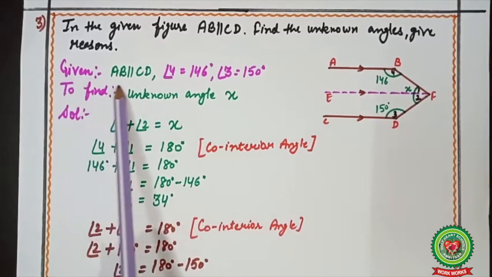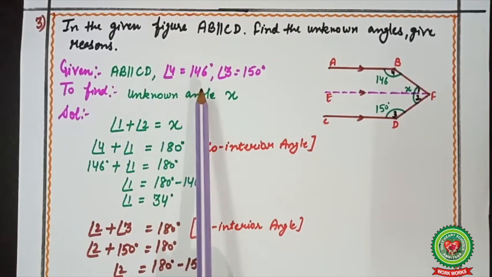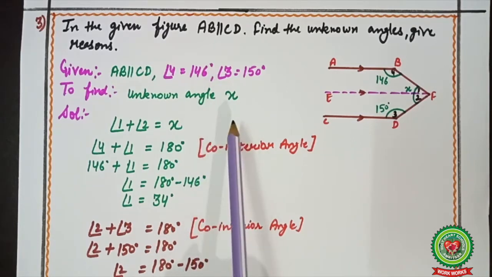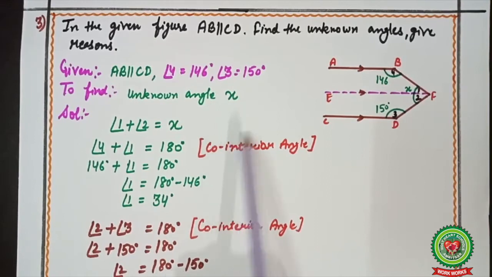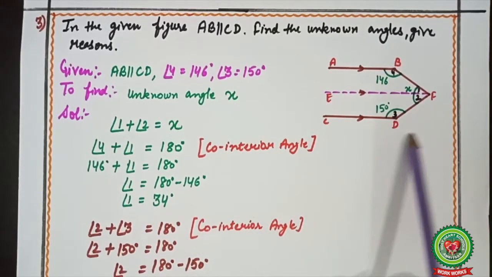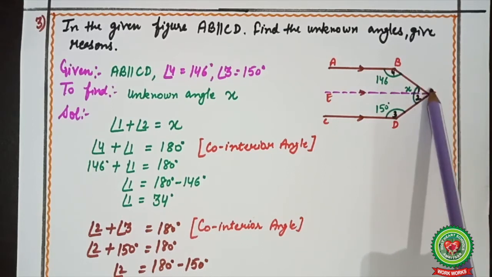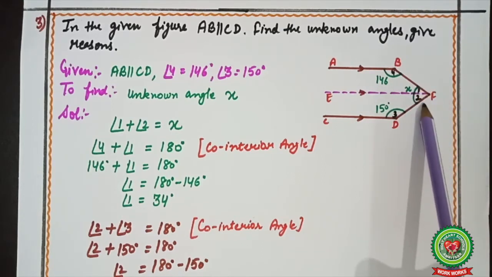So here you will write: given, AB is parallel to CD. Now we have to give numbering to the angles. Before starting this question, we will understand how to solve it. First of all, students, you will see that this is the whole angle x, right?